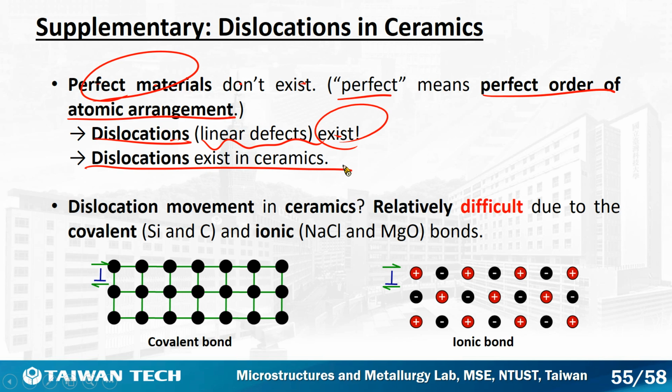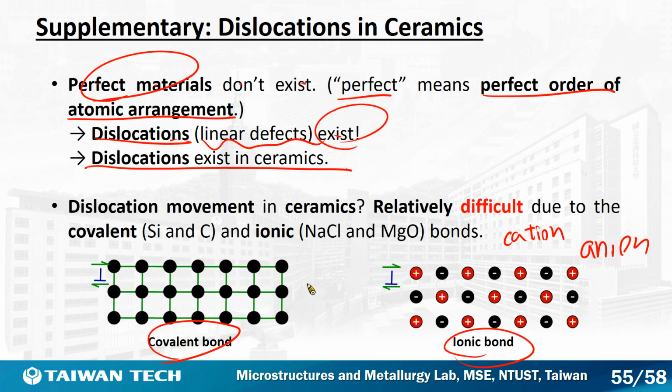And how about the dislocation motion in ceramics? For ceramic materials, actually we have two types. One is covalent bond, the other is ionic bond. For ionic bond, we have cation and anion.